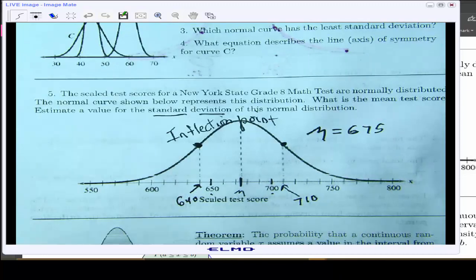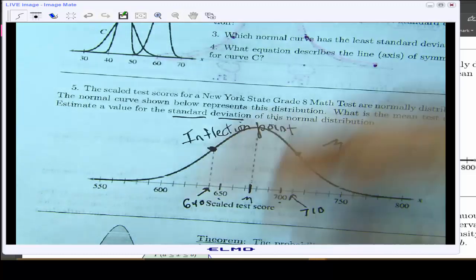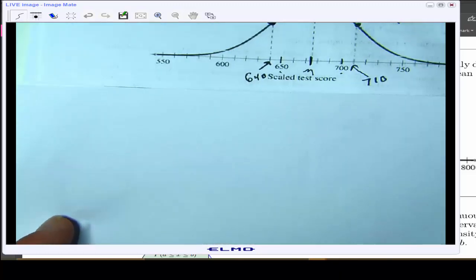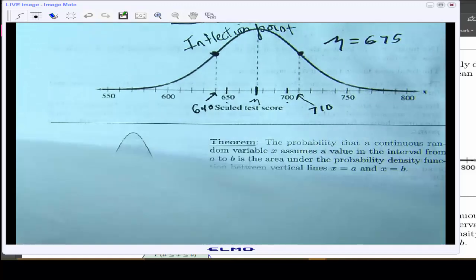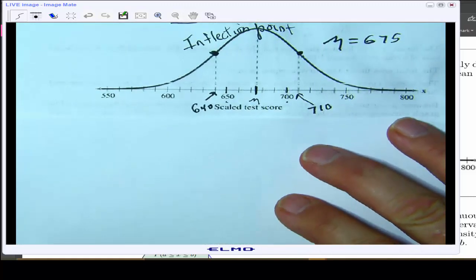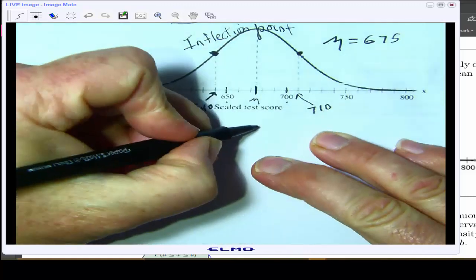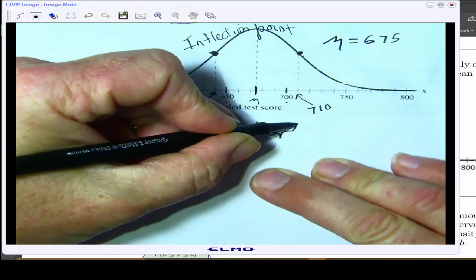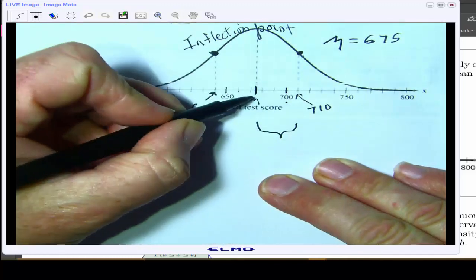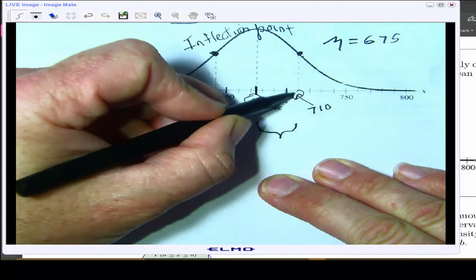So to find the standard deviation, it's really just this length right here, the length between mu and 710.